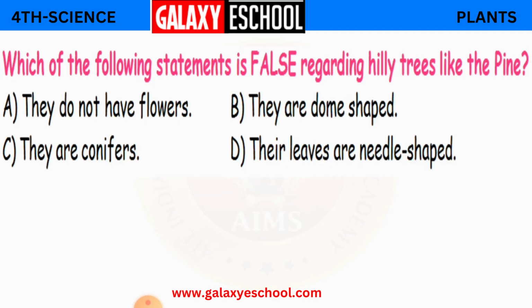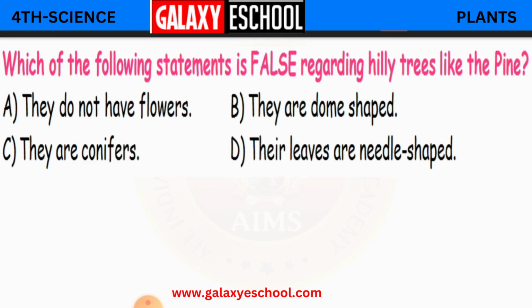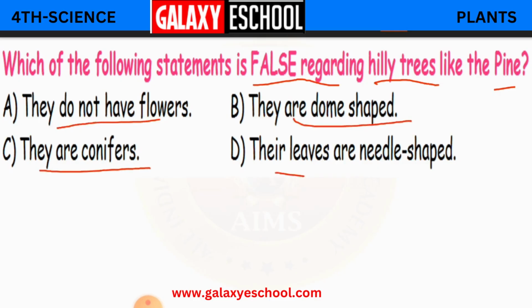Which of the following statements is false regarding hilly trees like the pine? Which is false regarding hilly trees like the pine? They do not have flowers. They are dome shaped. They are coniferous. Their leaves are needle shaped. And the answer is they do not have flowers.